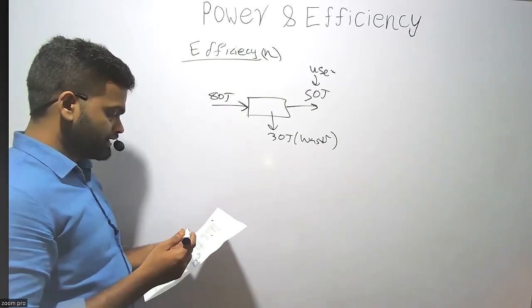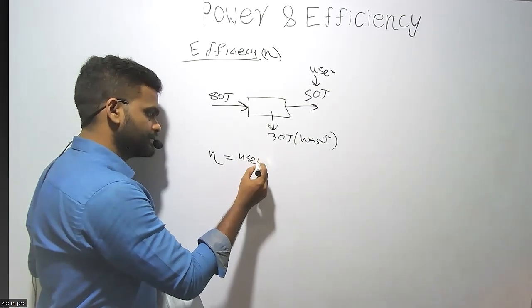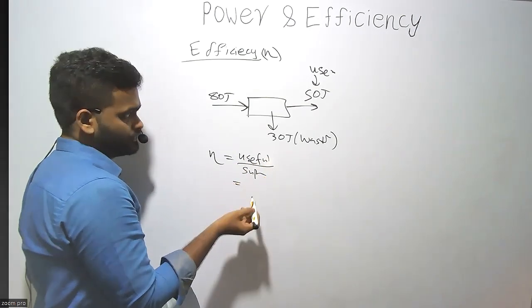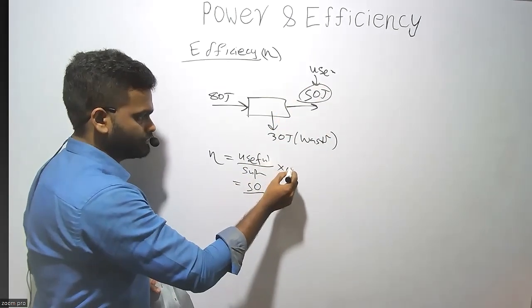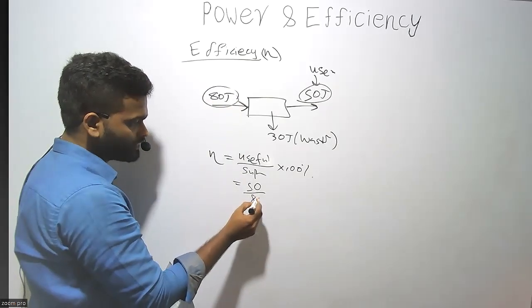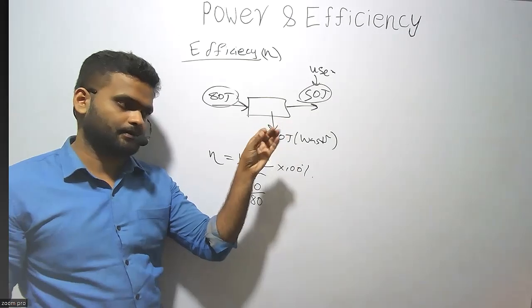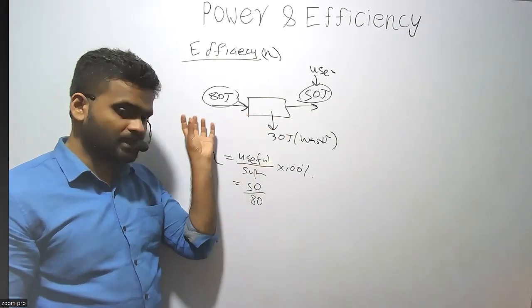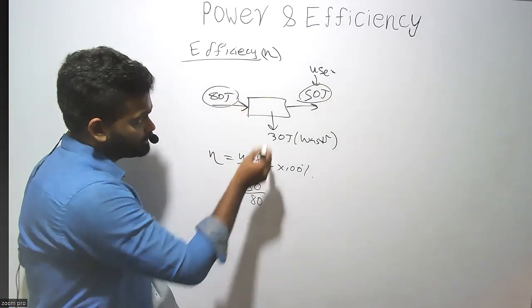Then they ask for the efficiency. I'll use this equation: useful divided by supplied. The useful amount is 50. The supplied amount is 80. They give you the question in different words, but you need to understand the idea and find what the input and output are. So this is useful, that is output.